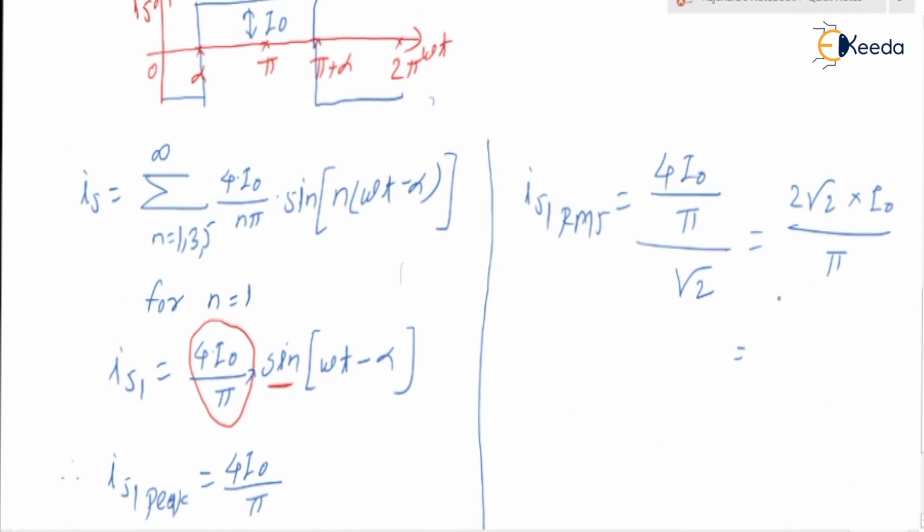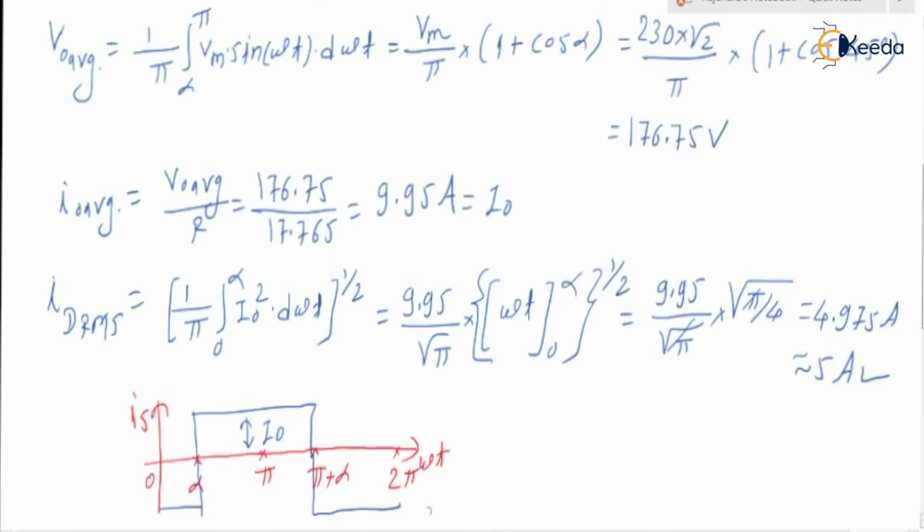So it is 2 root 2 into 9.95 divided by pi, which is 8.958 ampere. This is the RMS value of the fundamental component of the source current.